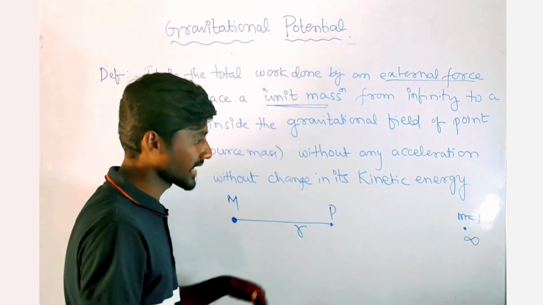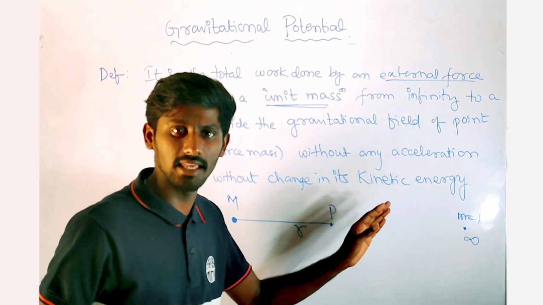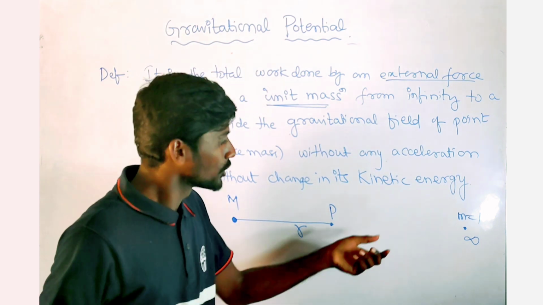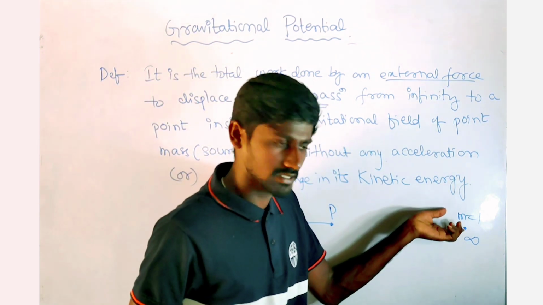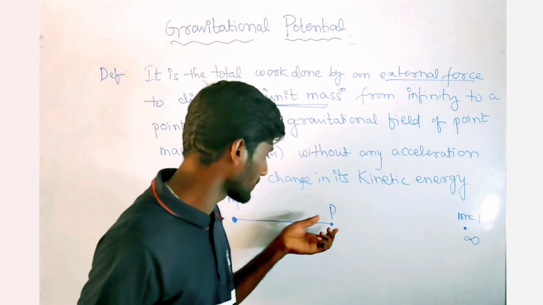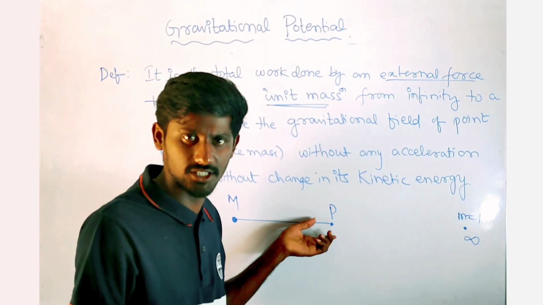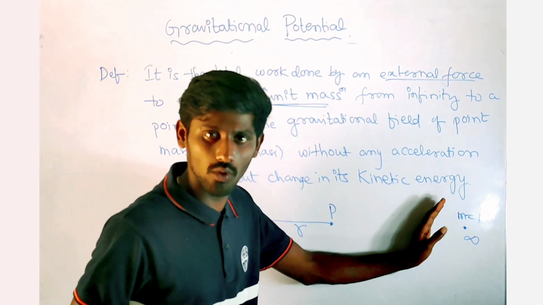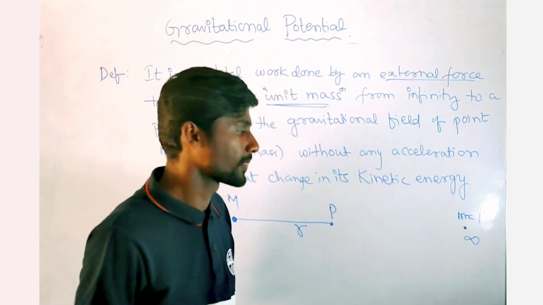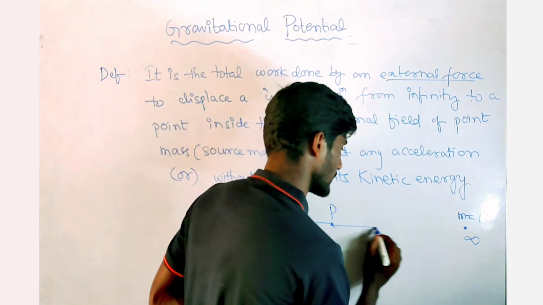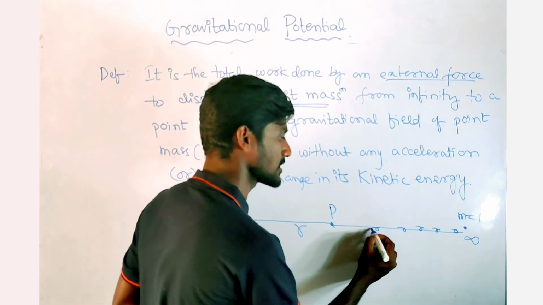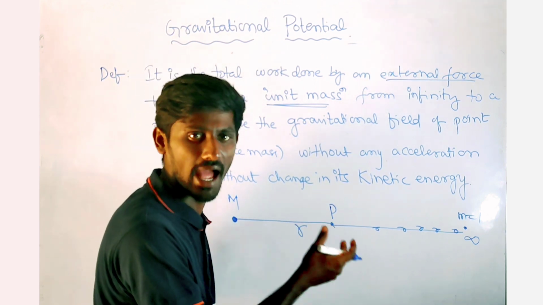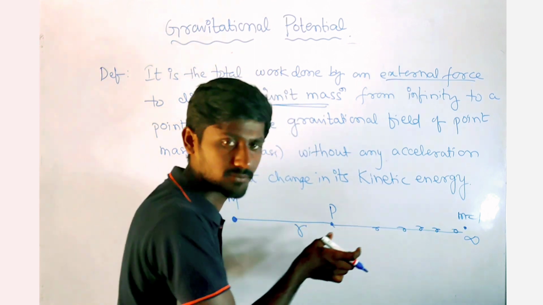Okay. And the external force is what? That is equal and opposite to the gravitational force. Right? To bring this unit mass from the point infinity to this point P without any acceleration, we have to apply an external force that is equal and opposite to the gravitational force at each and every point on this path, so that the acceleration of this unit mass will become zero.